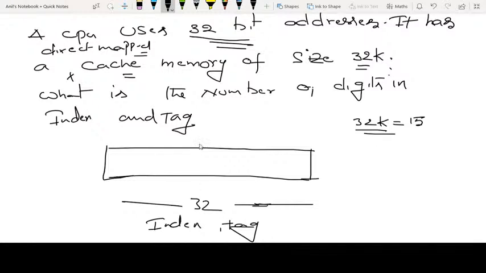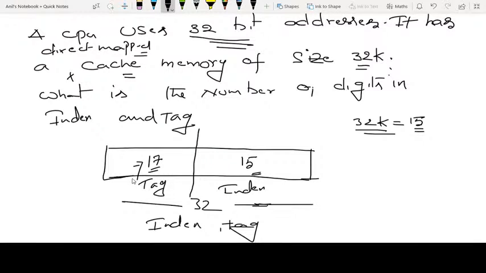So the total 32 will be divided into two portions, where index is equal to 15. You know that the index is the common portion between main memory and the cache memory, right? So the common portion between main memory and the cache memory requires 15 digits. In addition to the 15 digits, we have a 17-bit tag. So the index is equal to 15, the tag is equal to 17 in this case. I hope you got it.